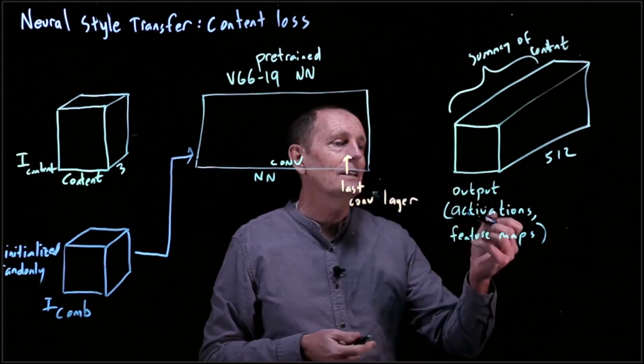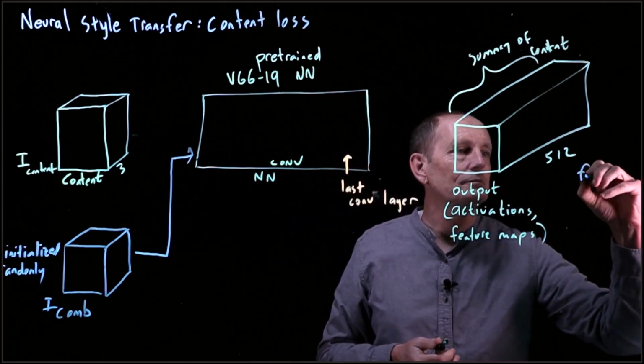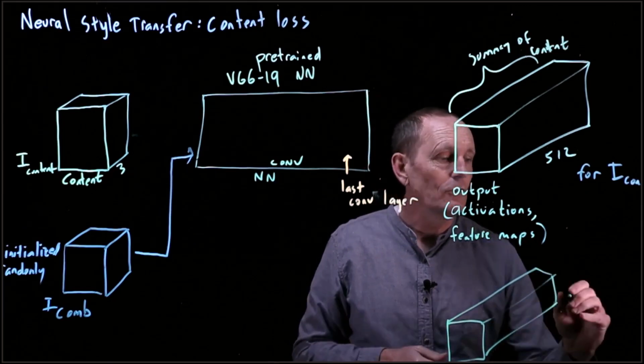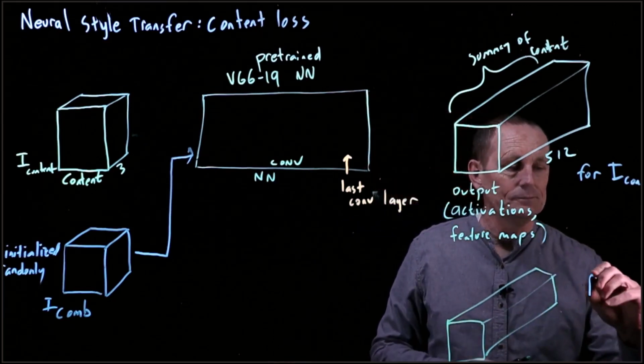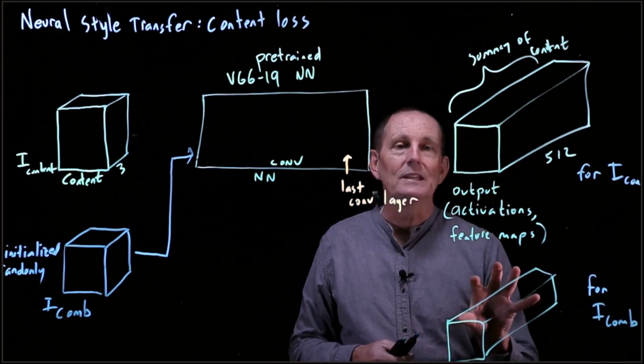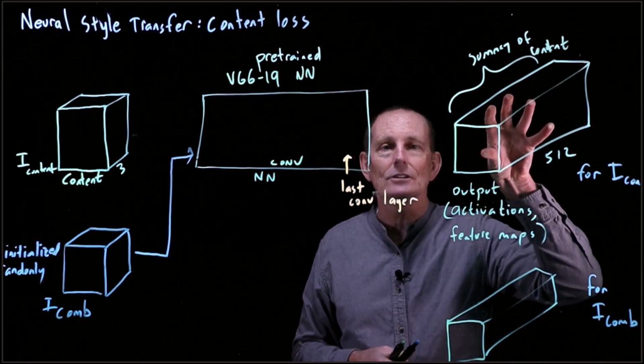So we will basically compute the output activations for iContent. And then we'll do it again for iComb. And then what we can do is do a mean squared error difference between these activations and this set of activations.